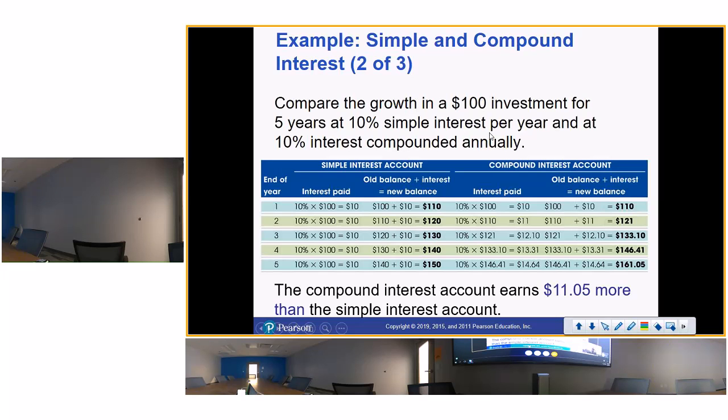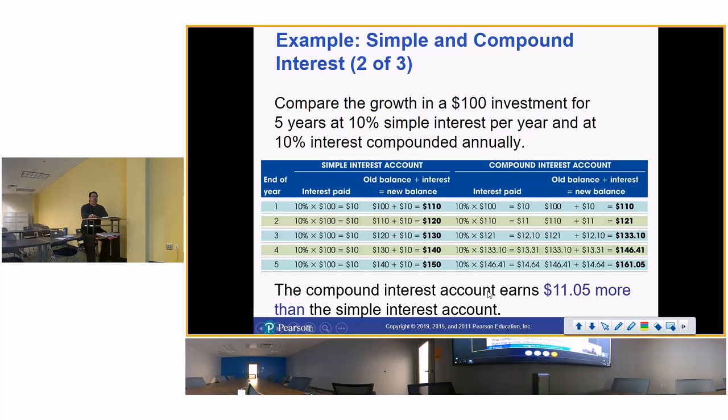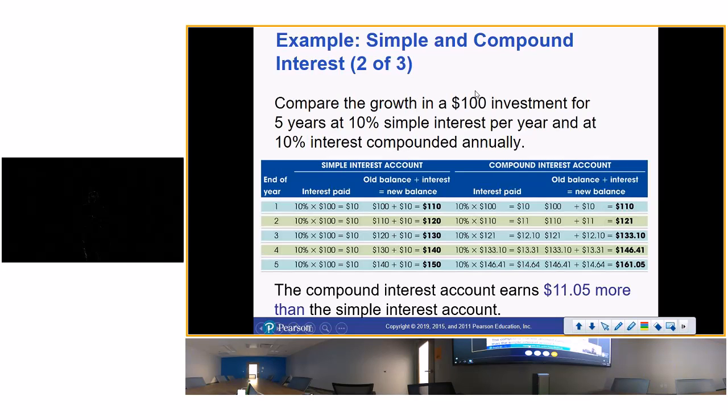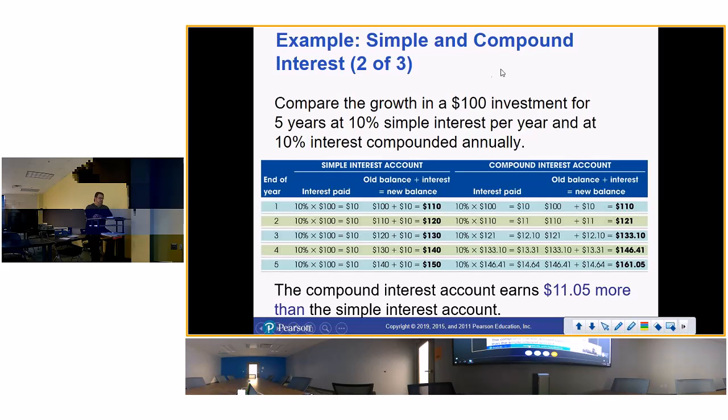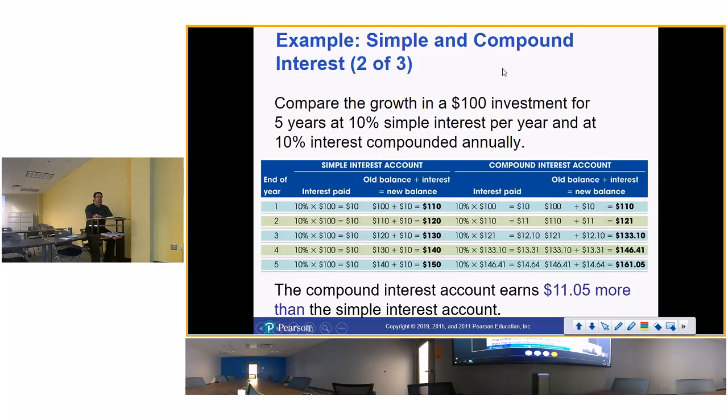Compound interest is going to be your best bet. The only thing that will give compound interest a run for its money is what? Continuous interest. Continuous and compound give you about the same amount of money. Write that down. Compound and continuous pretty much is equal.